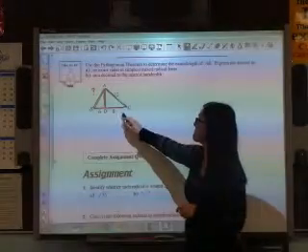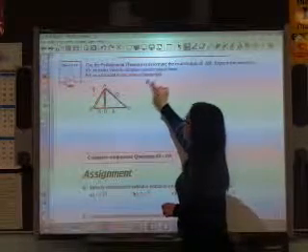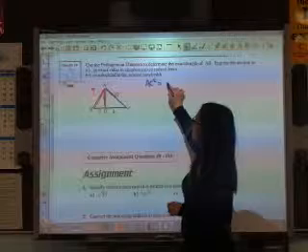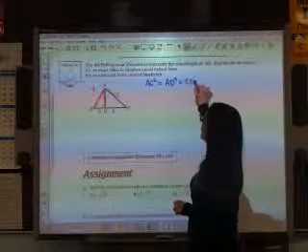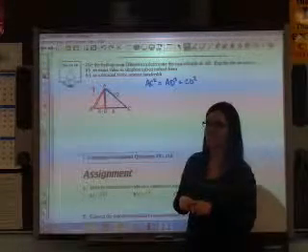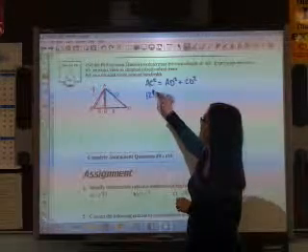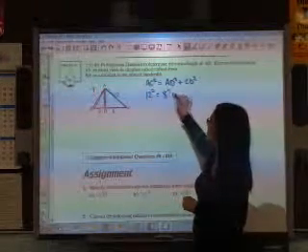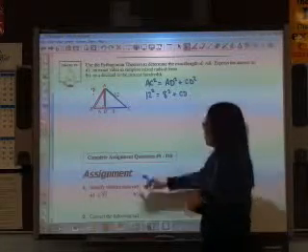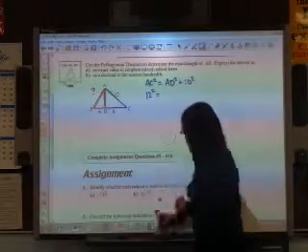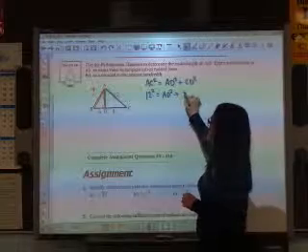AC squared equals AD squared plus CD squared. I'm not sure why you're dividing, because you're trying to do the formula all in one step. So 12 squared equals 8 squared plus AD squared. Trying to find AD, so it'd be 12 squared minus 8 squared.